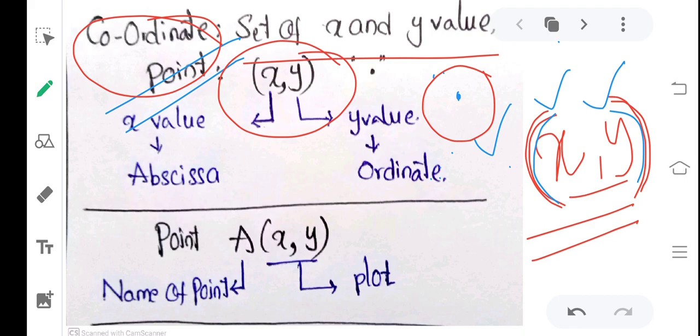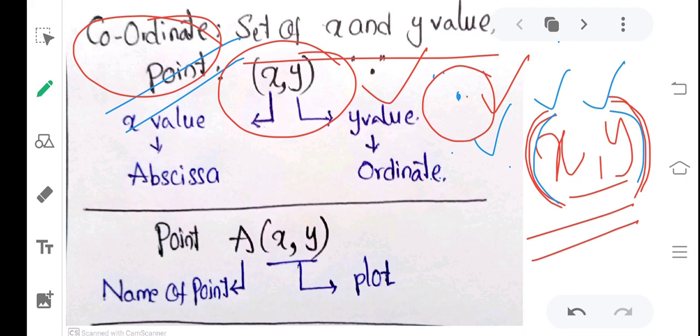Dimensions are nothing but length and breadth. In geometry, it is a basic element. Whatever geometrical figure you are going to draw, first you should note the point. Without a point, you cannot draw a triangle, quadrilateral, or even a straight line. So the basic element of geometry is a point.